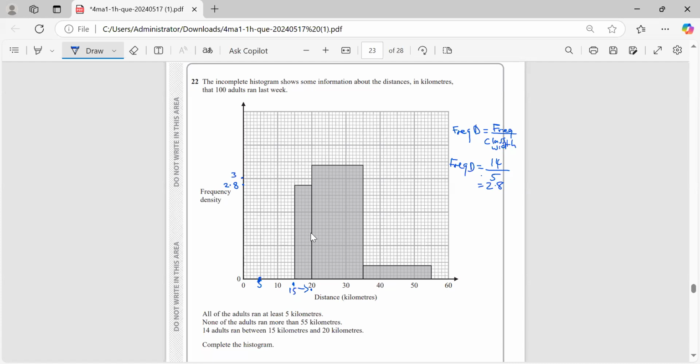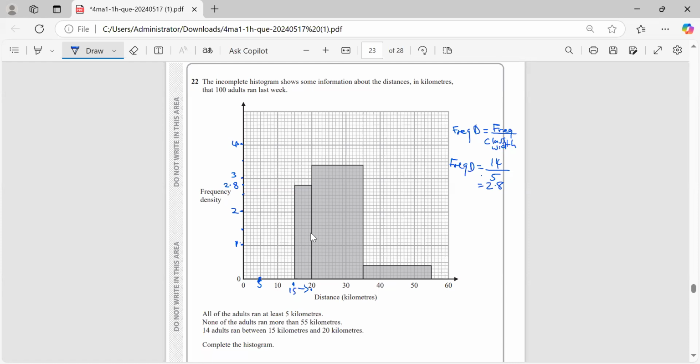So if this is 3, that means this is 2, and this is 1. So each small box is representing 0.1, right? Here's 0.5, here's 1, and then 1.5, 2, 2.5, 3, 3.5, and this is 4, and it goes on like that.